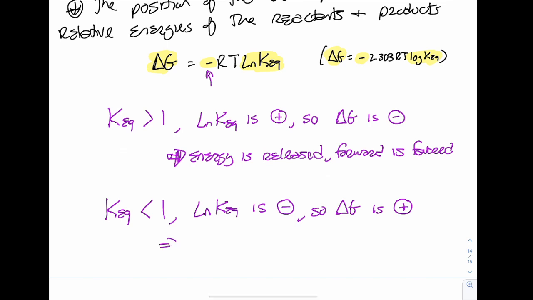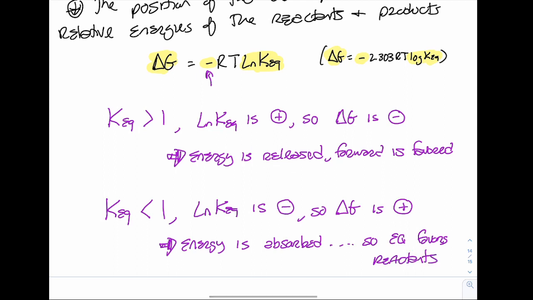And I know that energy is absorbed, and we don't want to do that. So the reverse direction is favored, right? So equilibrium favors reactants.